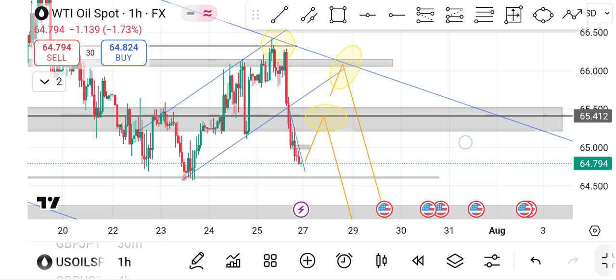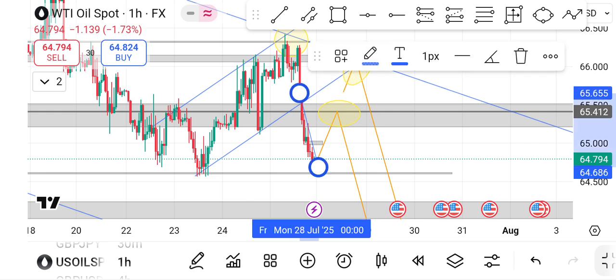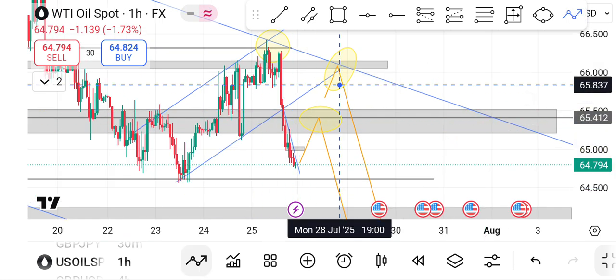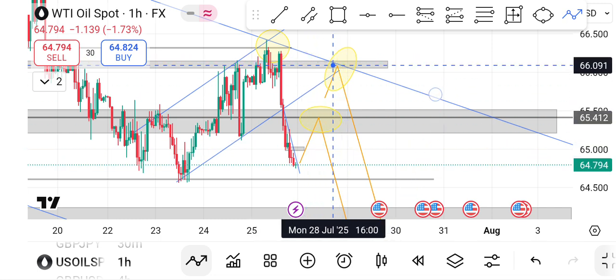to be more like a retest of the breakout on the trend line. Wait, so the market can come back. What I was saying is that the market can retest back on this place.